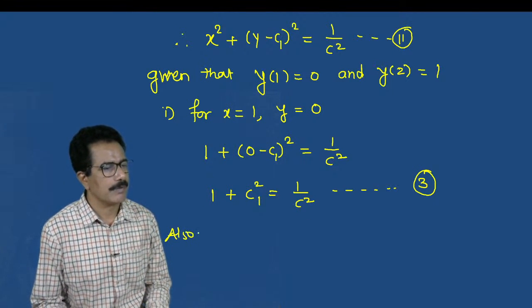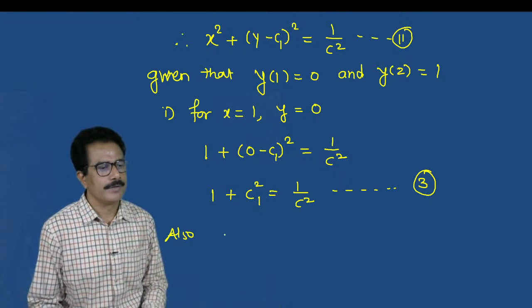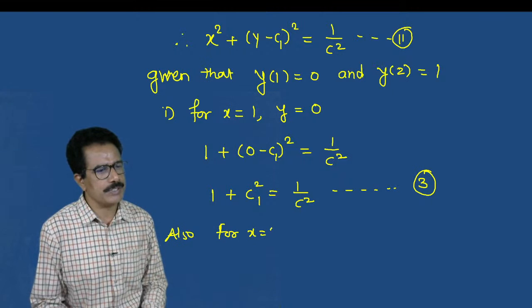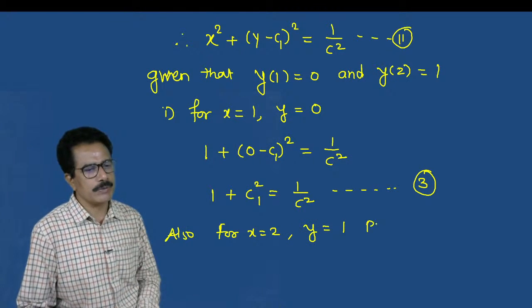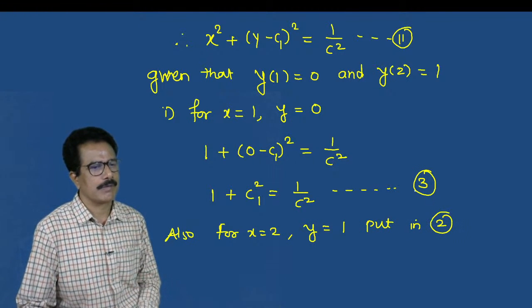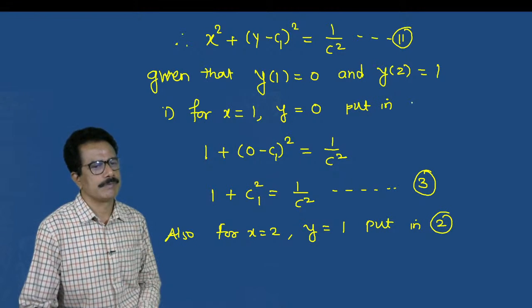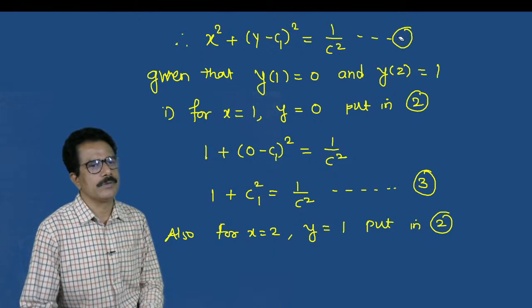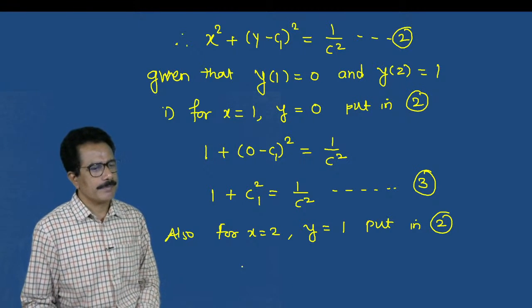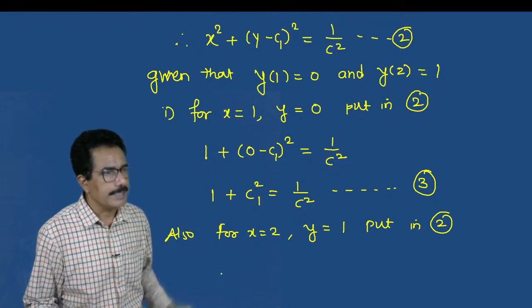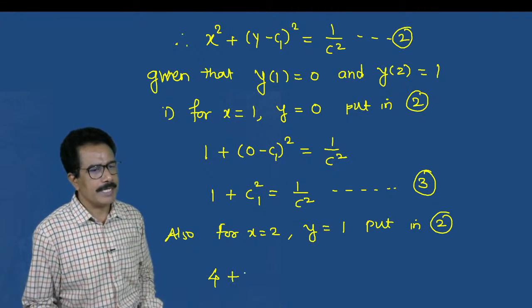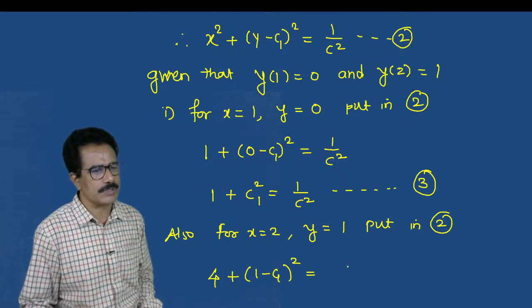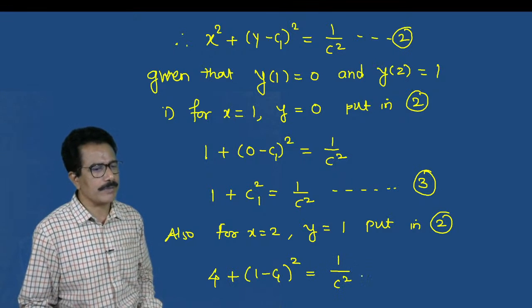Also, the second condition we have been given: for x is equals to 2, y is equals to 1. Put it in. So x is equals to 2, that is 2 square, 4, put 4 plus 1 minus C1 bracket square, which is equals to 1 upon C square.